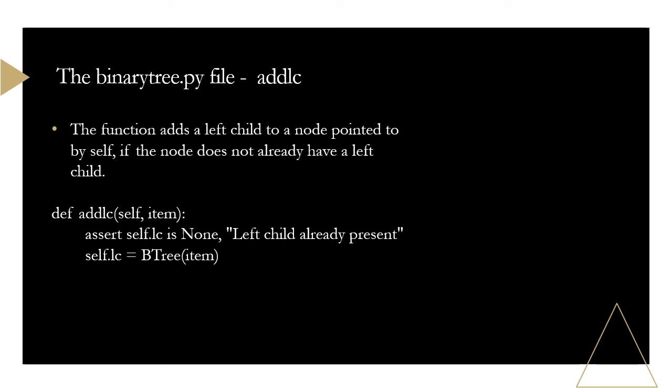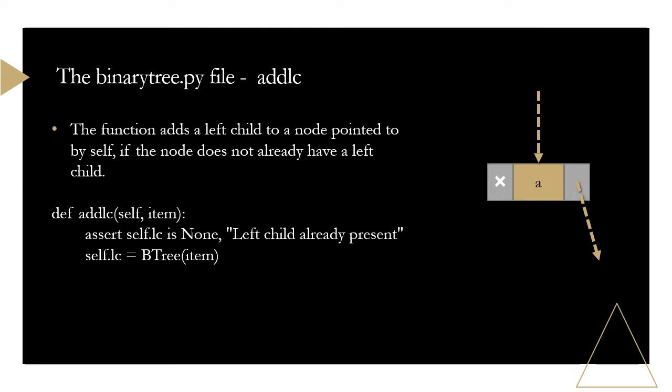Add LC. This function adds a left child to a node pointed to by self if the node does not already have a left child. Look at this node. I want to add a left child to this node. Now this node itself can be either right or left child to its parent. I don't know what kind of child it is.